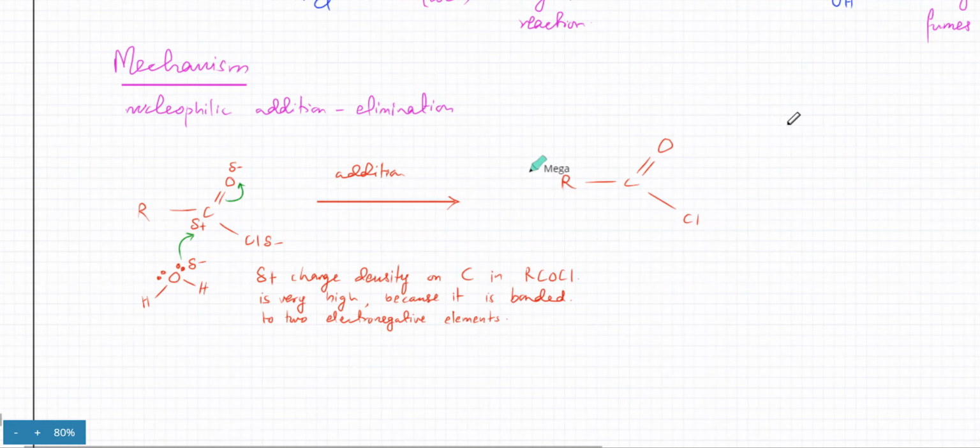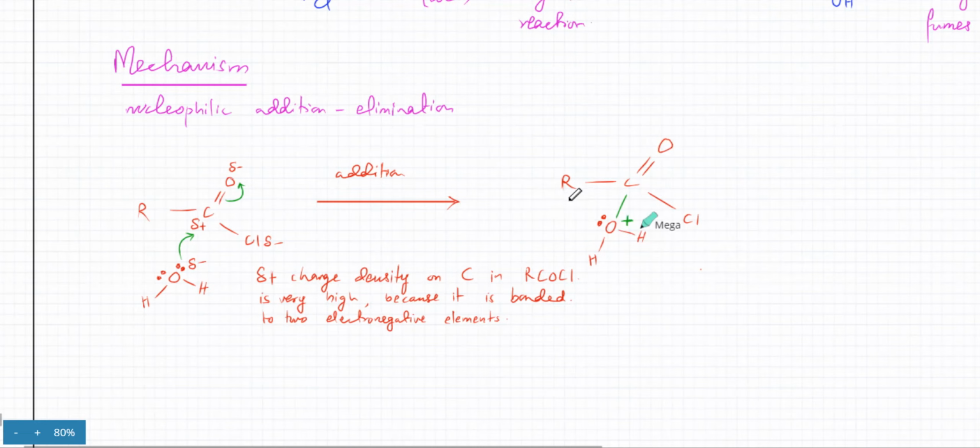Now the water molecule would come in and bond, and its lone pair is going to bond with the carbon. Water is basically losing electrons because its electrons have traveled and bonded to carbon, so water gets a positive charge.